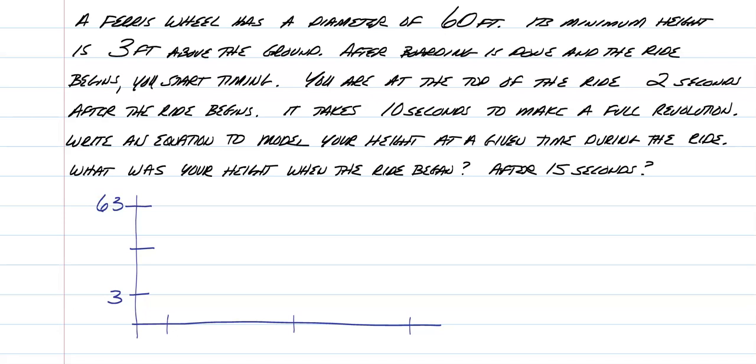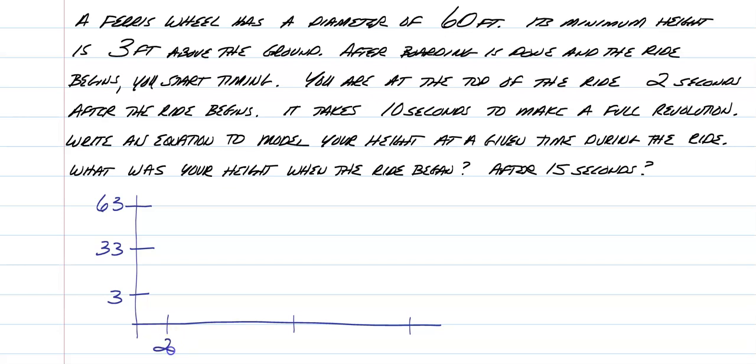So then, of course, you need your node line or your center line, and that is going to be half of the diameter. So if your diameter is 60, the radius is 30, which makes this 33. Now you need a start and a stop. So 2 seconds after you started timing, you're at the top.